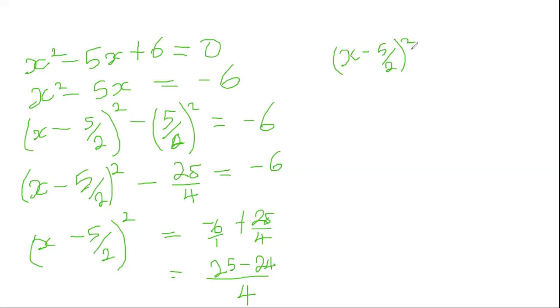So we shall say this is equal to 25 minus 24 is 1. So that will be 1 divided by 4. Then we take square root both sides.